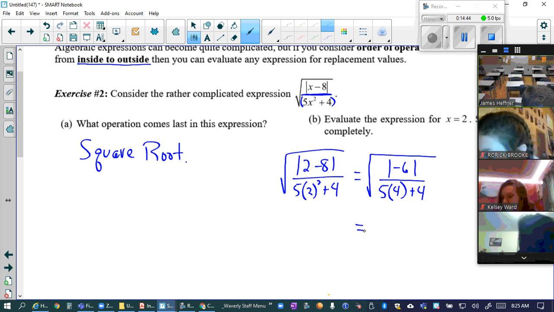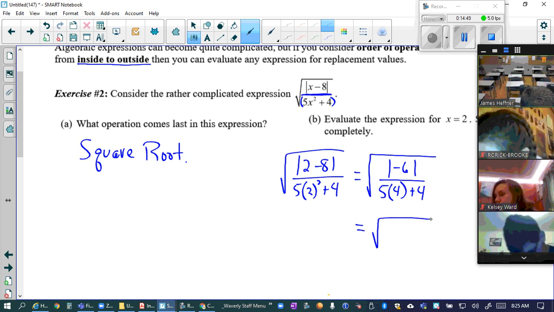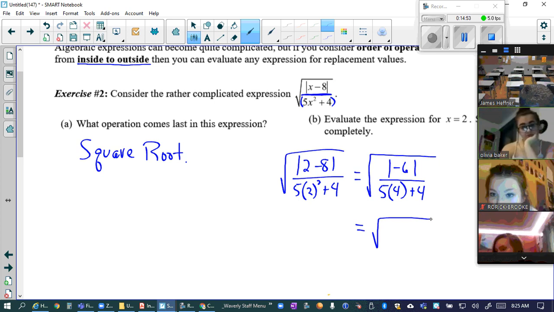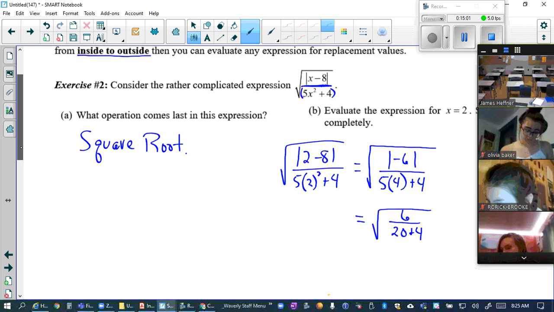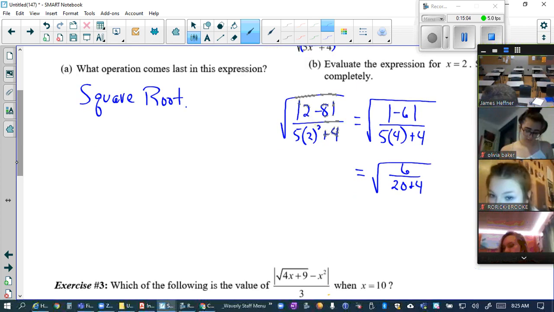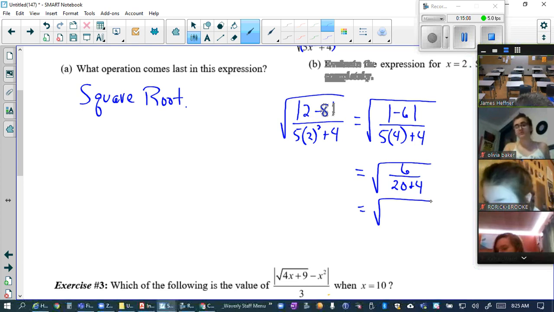All right, now, what's the absolute value of -6? +6. +6 over 20 plus 4, right? And so what's the next thing we do? What operation are we going to do next?